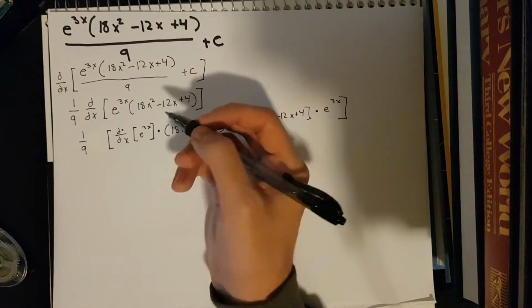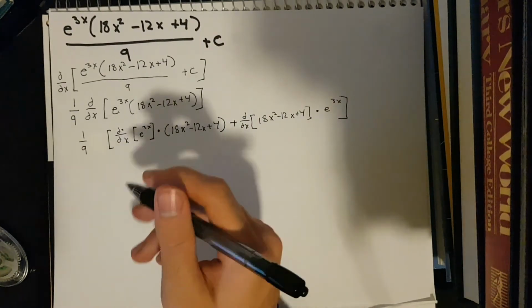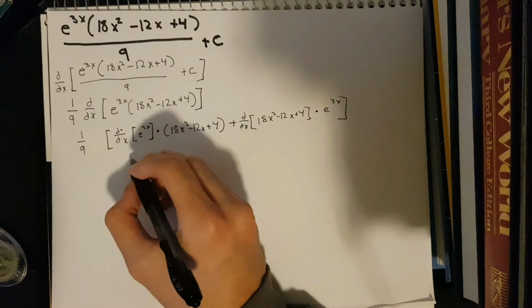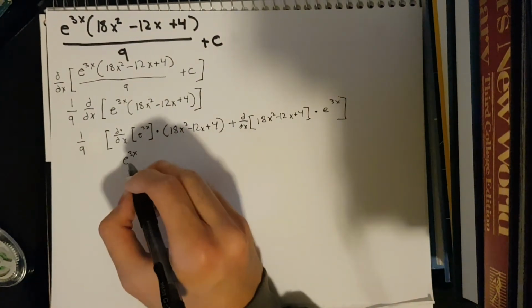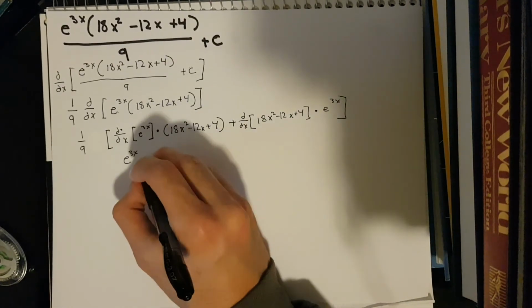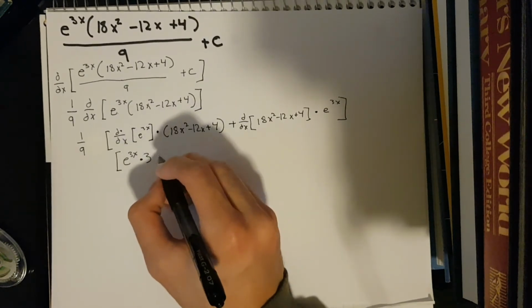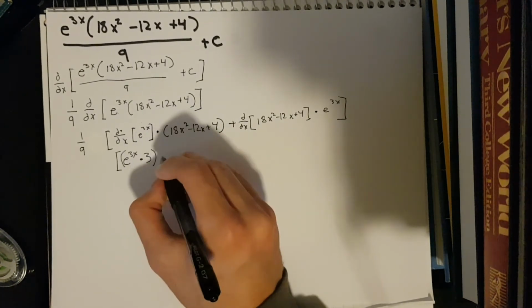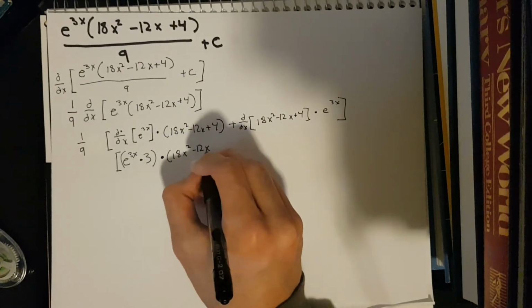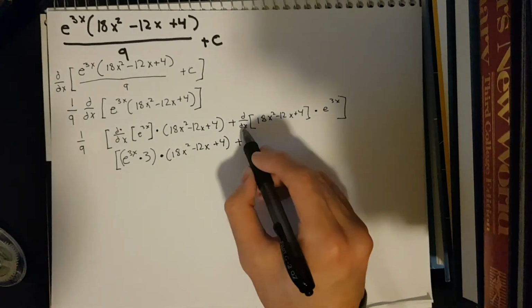So the derivative of e to the 3x: e to the 3x is in the e to the g of x form. So e to the g of x would be just e to the g of x times g prime of x, and g prime is pretty much 3. So that would be this, then multiplied by 18x squared minus 12x plus 4, plus the derivative of this.